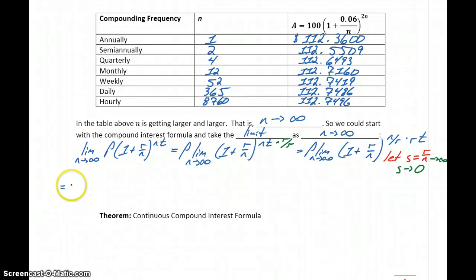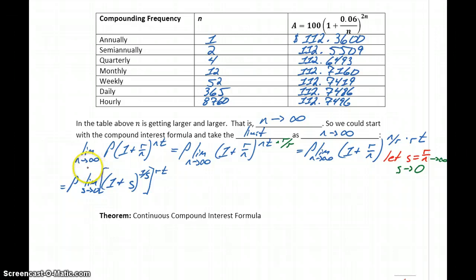So now we can rewrite our limit as P times the limit as s heads to 0 of 1 plus s, which is r over n, raised to the 1 over s power, because we had n over r, so the reciprocal of s is n over r. We're taking that limit and then raised to the rt power.